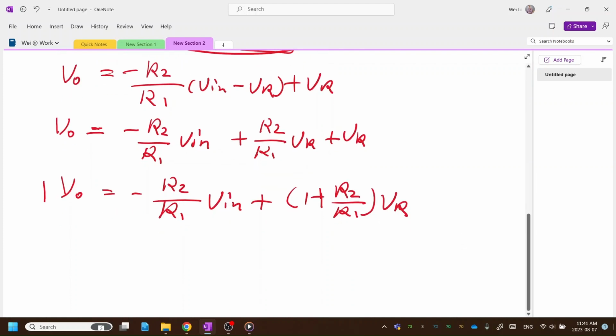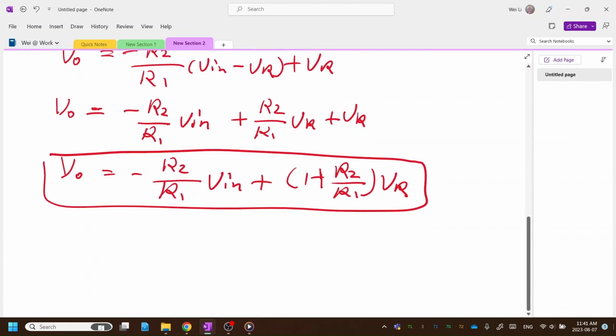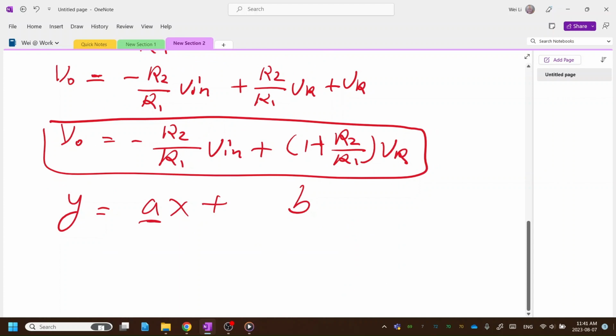Okay, now look at this transfer function. It looks very familiar too. This is a basic linear equation, right? y equals ax plus b. So a is the slope, here, minus R2/R1, and b is the offset, 1 plus R2/R1 times VR.